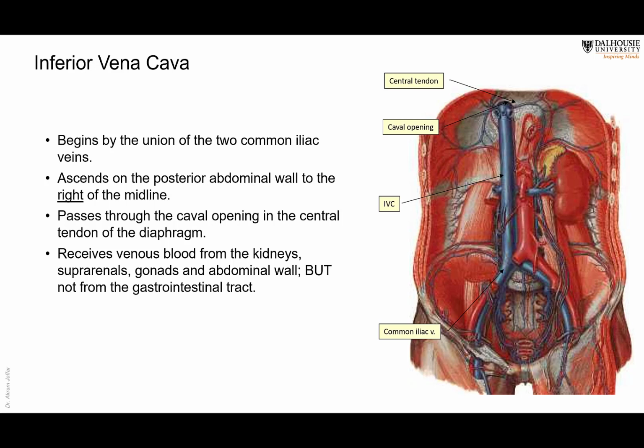The testis continues the journey down to the scrotum, but the ovary stops at the pelvis. So while they are descending, they drag their blood supply and their nerve supply with them. That's why the blood supply comes from the abdomen and drains into the abdomen. And obviously, the veins do not need to drain into the portal circulation. They should drain into the systemic circulation.